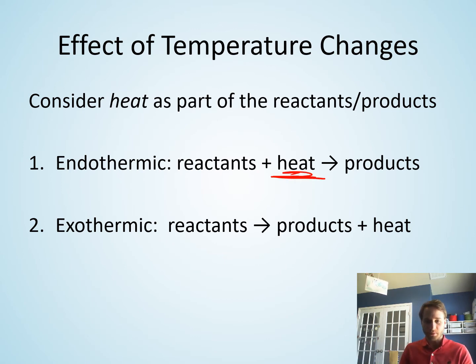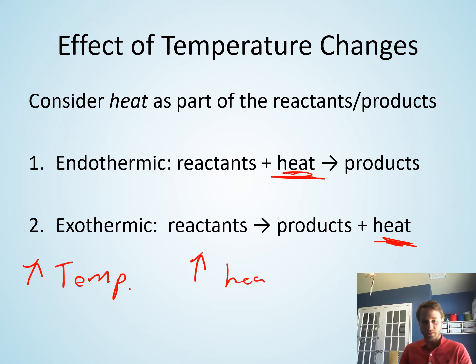For an exothermic reaction, energy is given off, heat is given off, so heat is a product. And so if I increase temperature, that is like increasing heat. If I increase heat for an endothermic reaction, I'm adding something to the reactant side, so it's going to form more products.